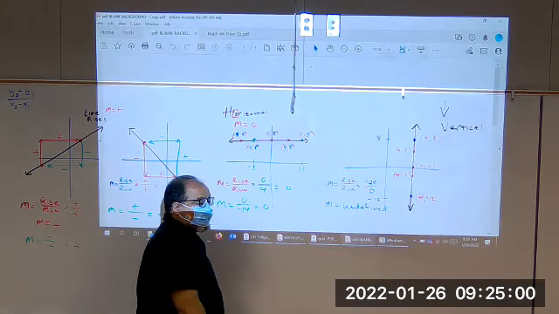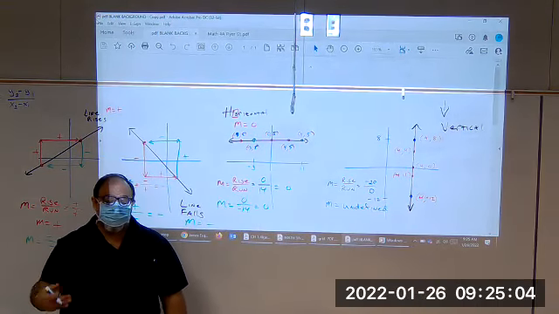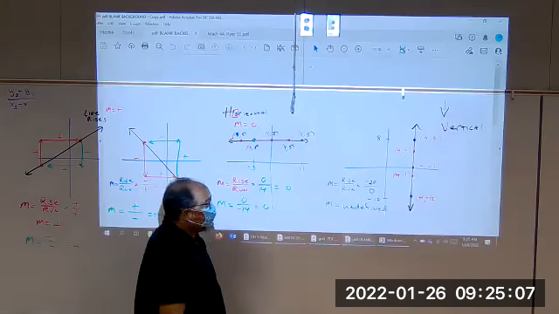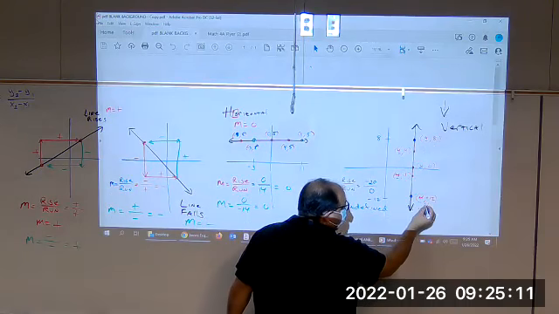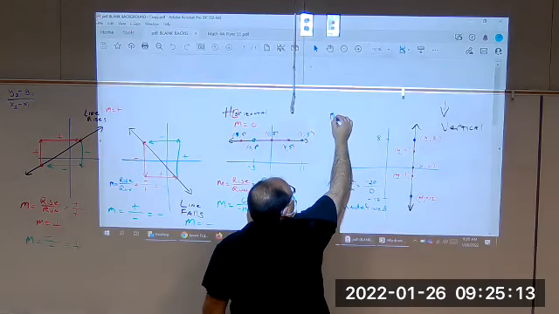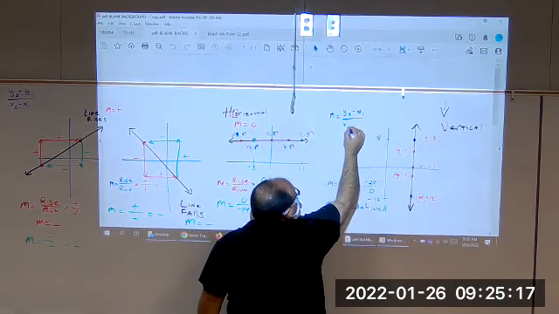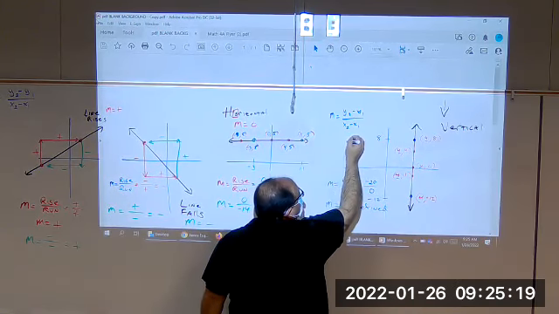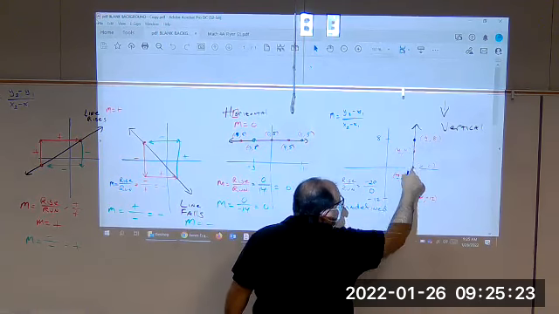A vertical line, no matter what, the slope is always undefined, because on a vertical line, the x's would have to be the same value. And if you're doing the slope, y sub 2 minus y sub 1 over x sub 2 minus x sub 1, your denominator, these x values would be the same.